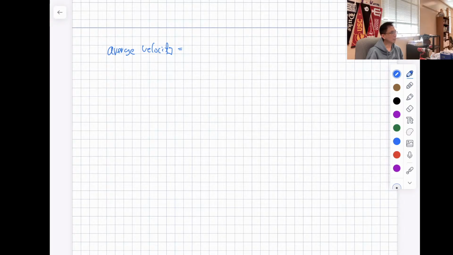Chase? Displacement over that time. So in terms of S or V, what would it be? Okay, good. It is S of b minus S of a over b minus a.